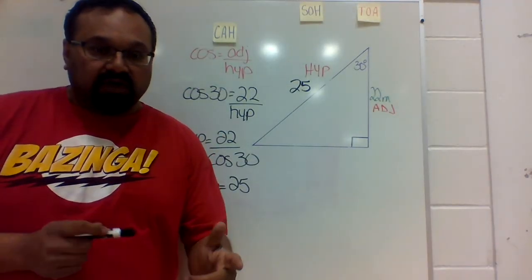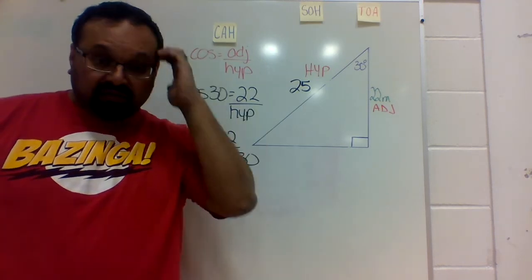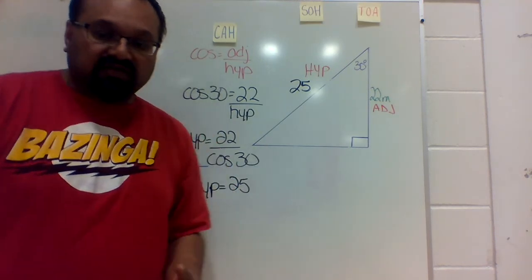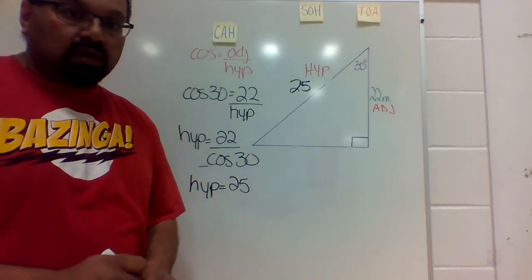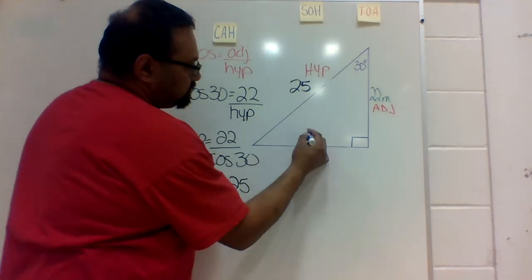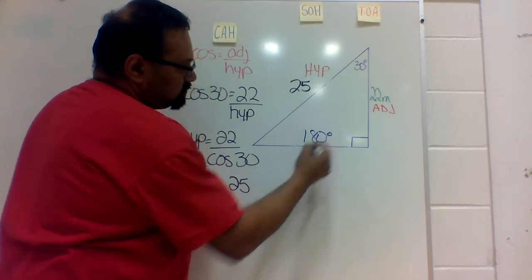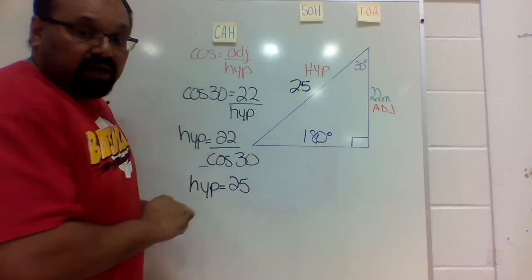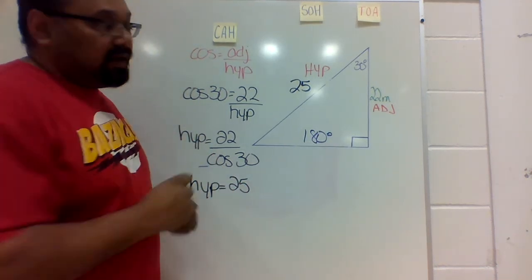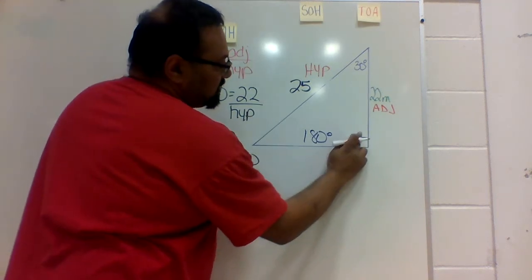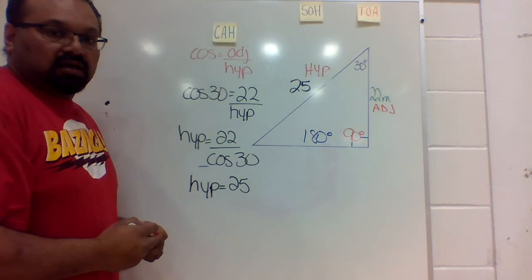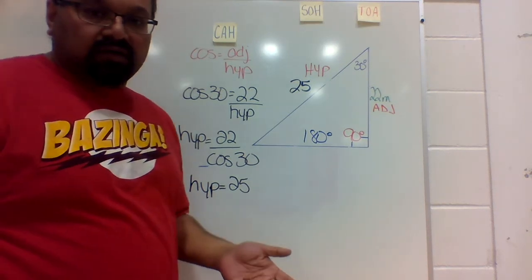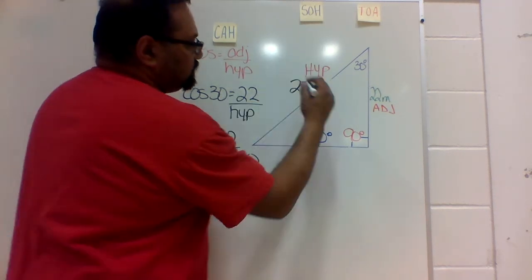So, next step forward, interior angles. In terms of our interior angles, we know the interior angles of a triangle equal 180 degrees. Now we also know that this right angle is always going to be 90. So now we can just do the math according to that strategy.